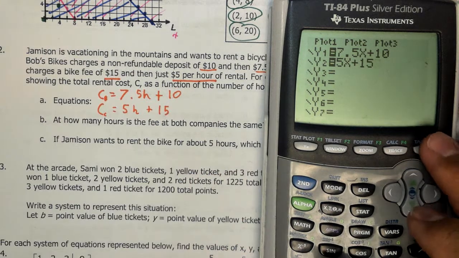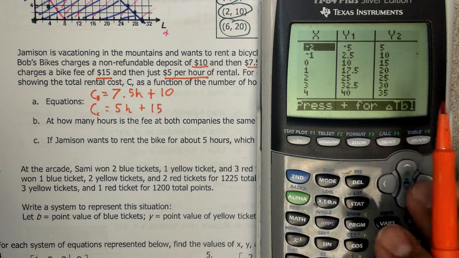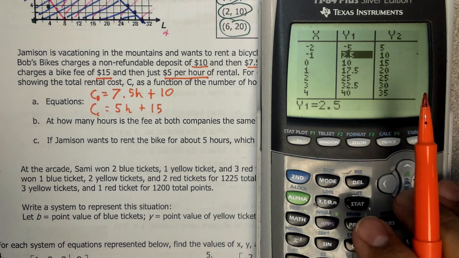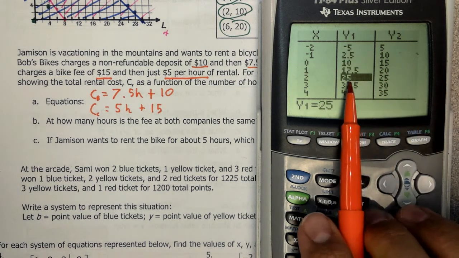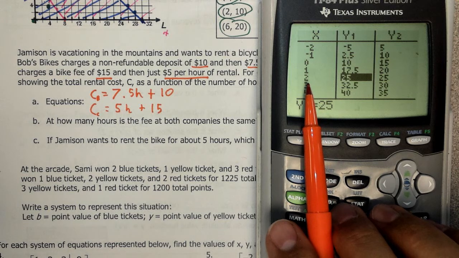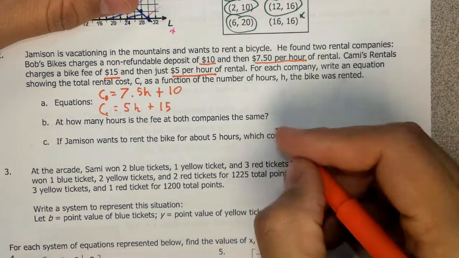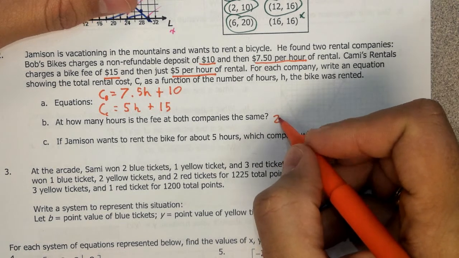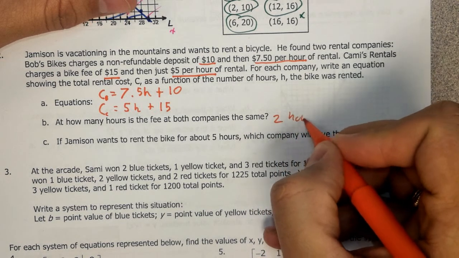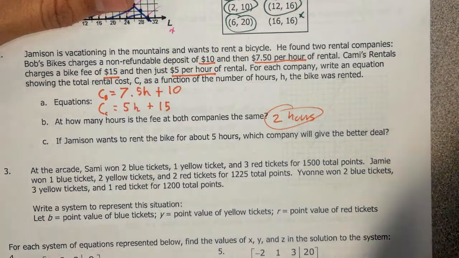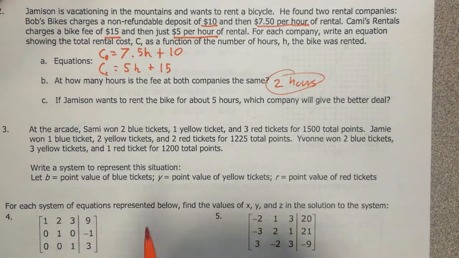I'm going to look at the table and see where they match. Where are they the same? Oh, here we go. $25 we're going to pay at 2 hours. So after 2 hours, they're going to have the same fee.